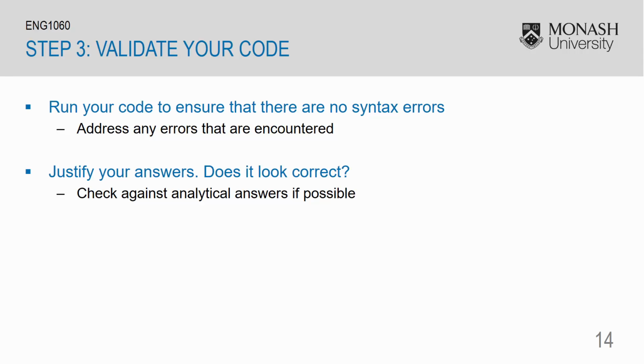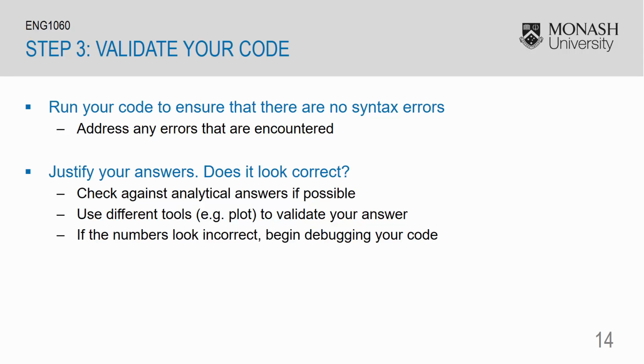If possible, we should check the answer against any analytical answers that are available to us. Or we can use different tools, for example, plotting the data or the results to see if they're valid and feasible. If the numbers look incorrect, then we can begin to debug our code. And I'll talk more about debugging in a future video.